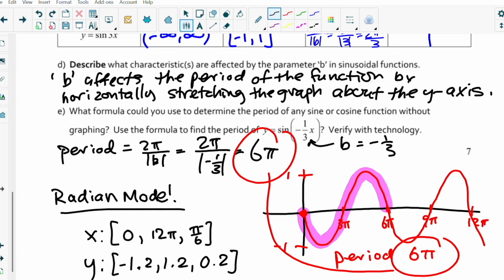And you'll see that the graph in red is y equals sine of -1/3 x. And then let's graph y equals sine of x.